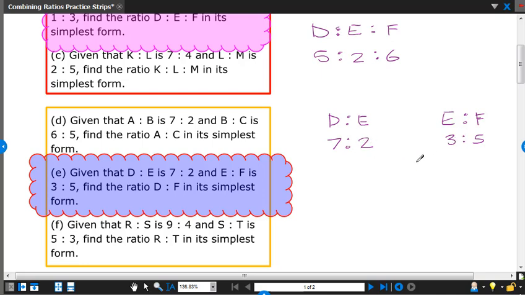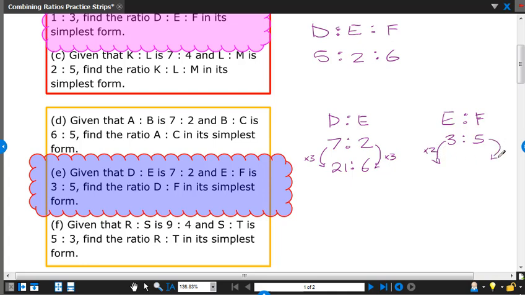What's a common multiple of 2 and 3? The lowest common multiple is 6, yeah? So let's make that into a 6. So we multiply by 3. And we have to do the same to this side. So that ratio, 7 to 2, is the same as 21 to 6, right? And we want the E to be a 6, so we just multiply it by 2.